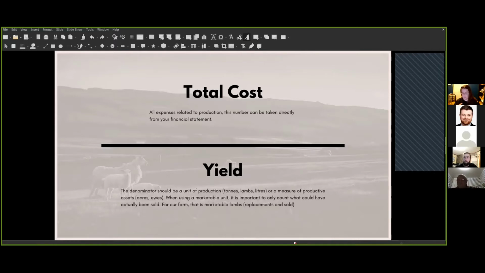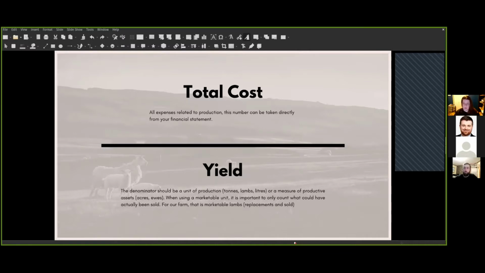I will include those numbers shortly, but you can also do it per acre if you're doing more of a cash crop operation, or if you had a grazing operation and it was important for you to understand what your cost was per acre. You could do it per liter if you're dairy, or even sheep dairy.